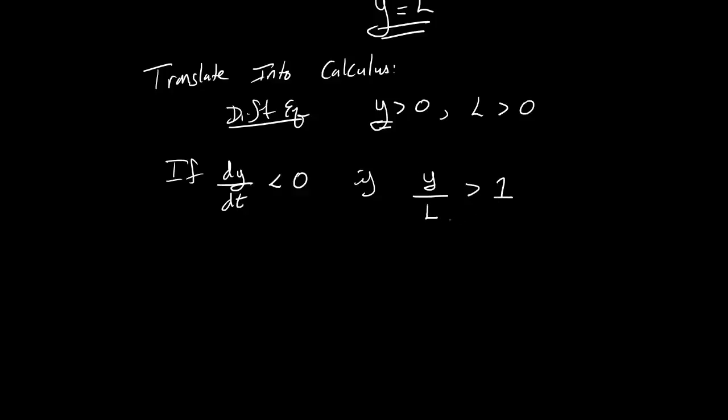If y/L is greater than 1, dy/dt will be less than 0. So the population is greater than the carrying capacity.